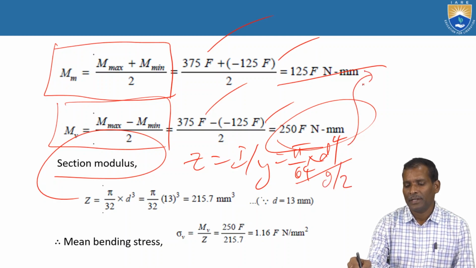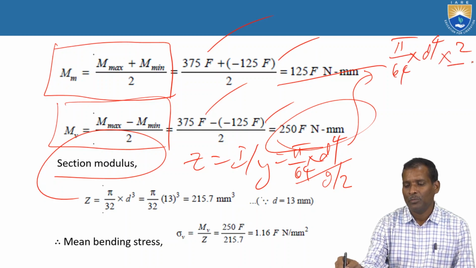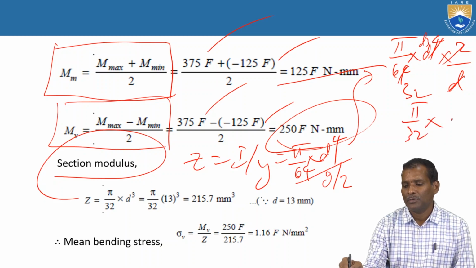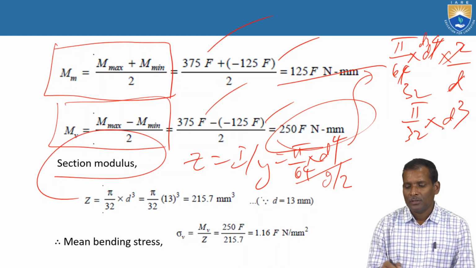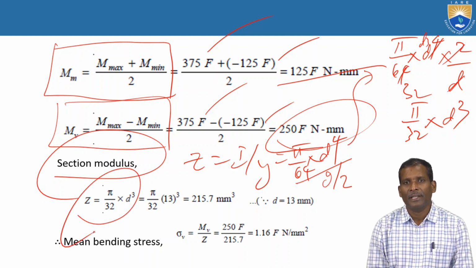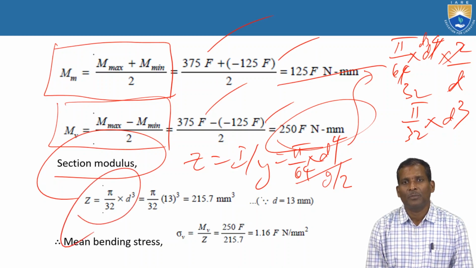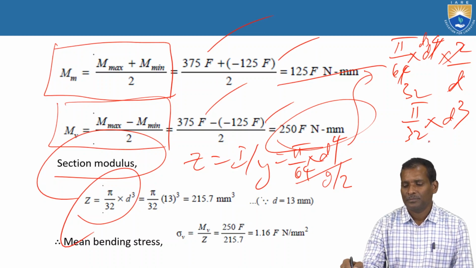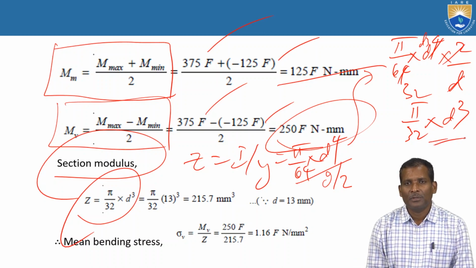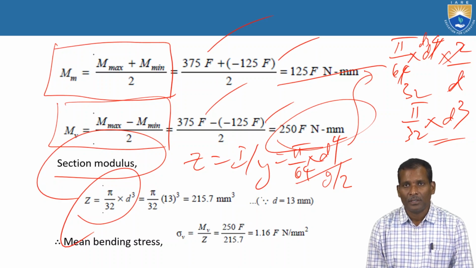So you may write like this, pi by 64 into D to the power of 4 into 2 by D. So here D cancels, D cube, so pi by 32 into D cube. So the section modulus you may write directly like this, Z is equal to pi by 32 into D cube. So now substitute the given diameter. In our figure, the diameter is 13.